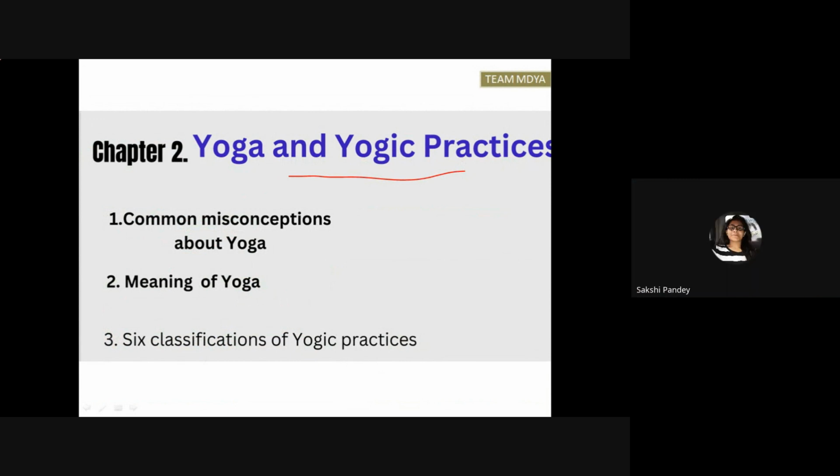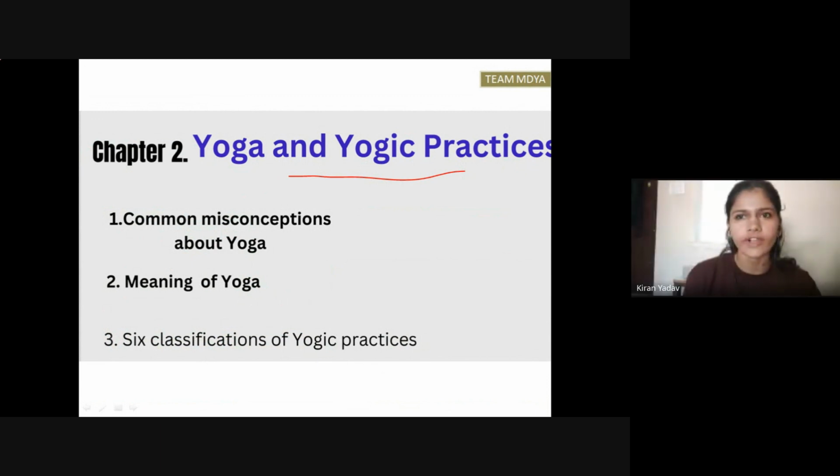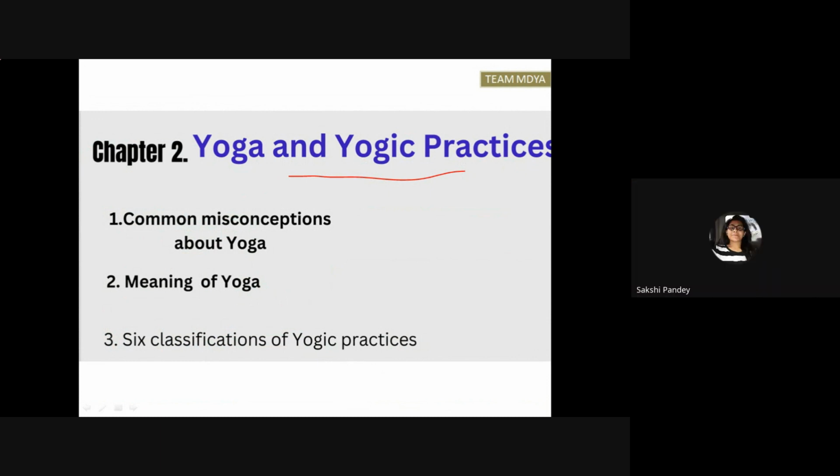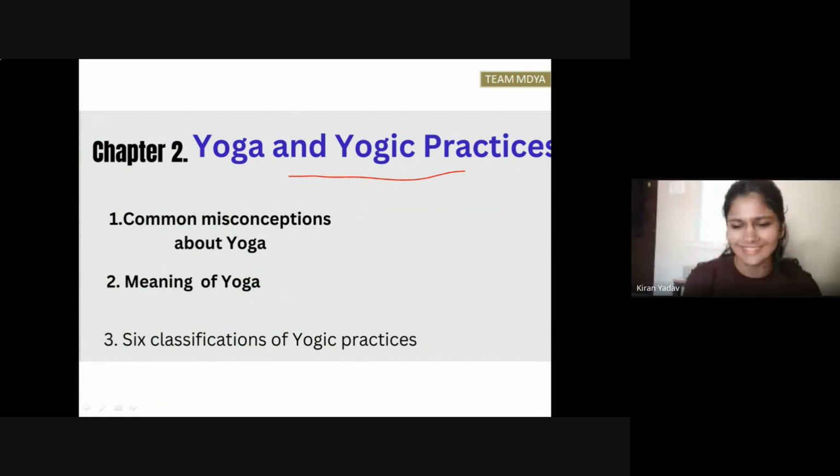That it is about physical fitness only. Okay. And what misconceptions did you have before you entered the field of yoga, or before you started learning yoga? That yoga is only about asana. Yes. All of us commonly had this misconception.